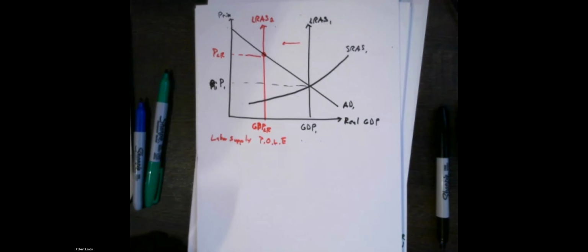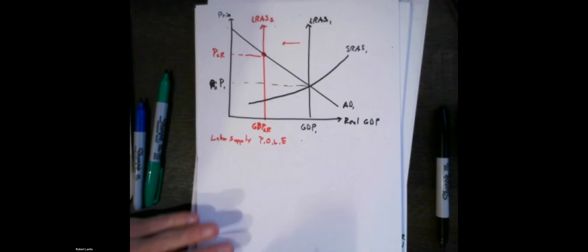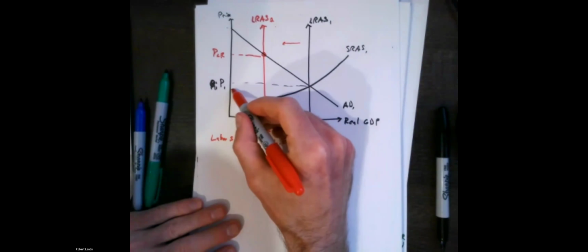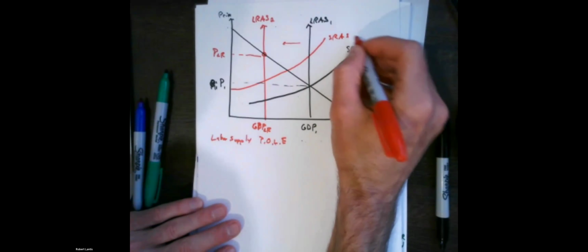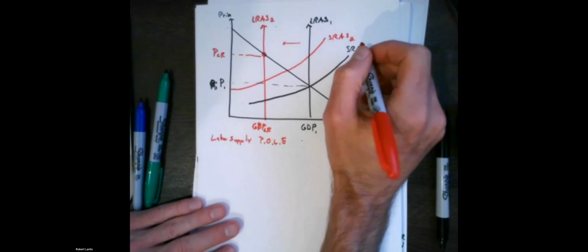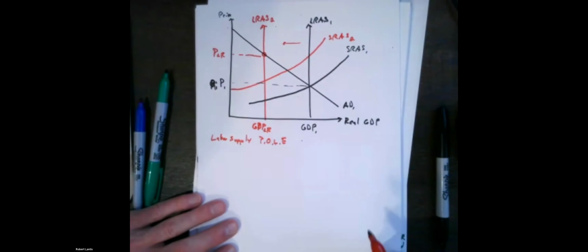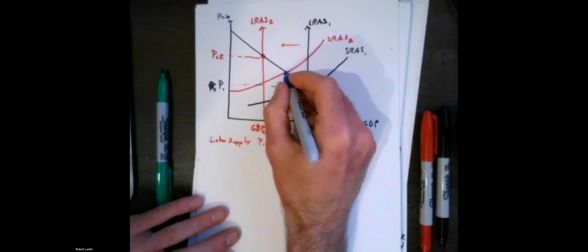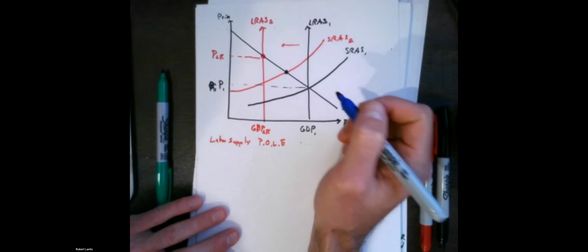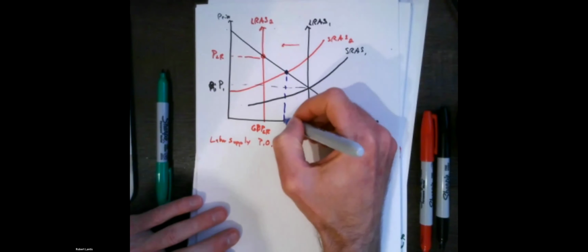However, if in the short run, that short run aggregate supply curve doesn't shift as much, or factors can't update automatically overnight, where could we end up with this short run equilibrium? Well, in the short run, aggregate demand will hit short run aggregate supply here.